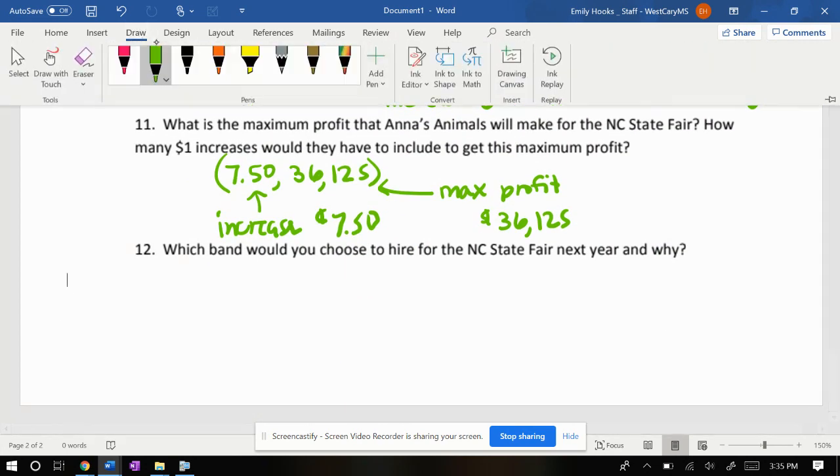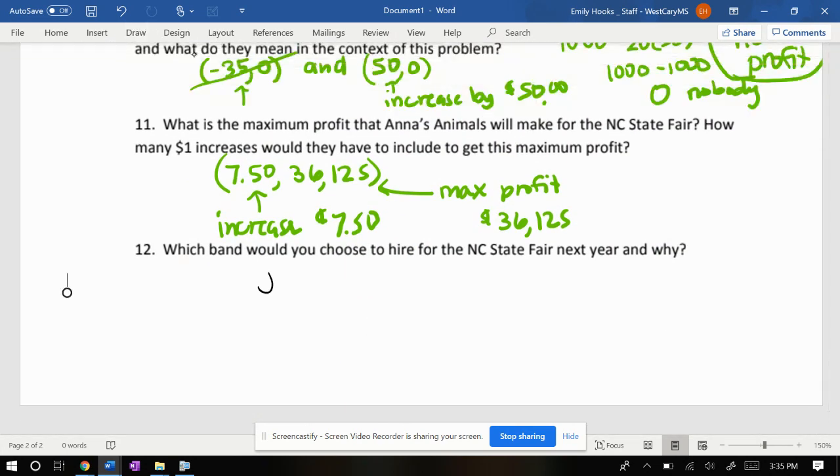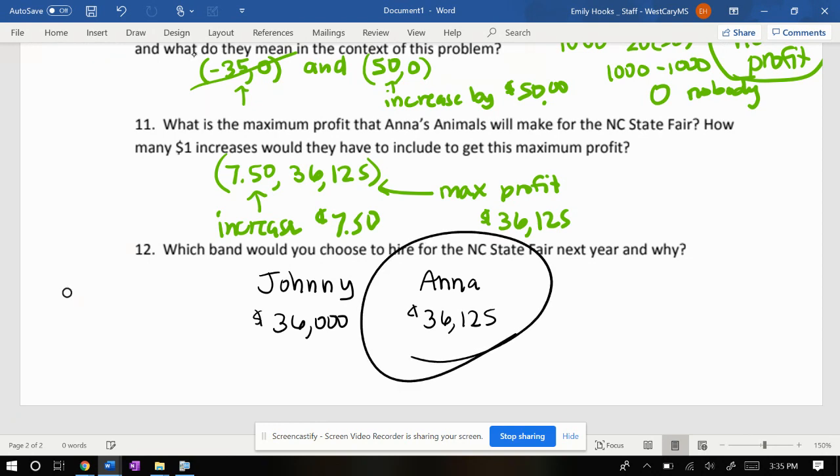So between Johnny and Anna, Johnny's max profit was 36,000, but for Anna's Animals, it was 36,125. So I would go with Anna because she's going to give us the maximum profit.